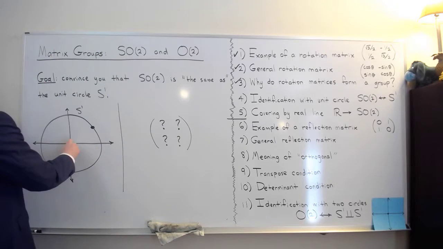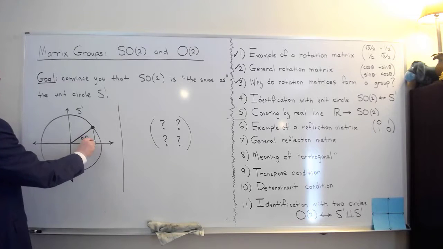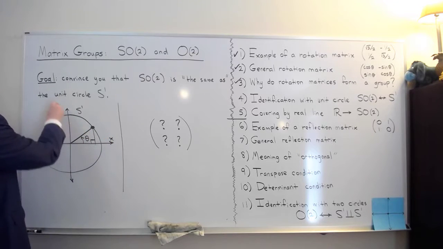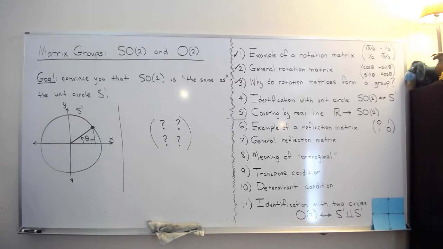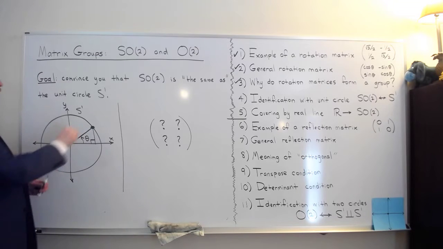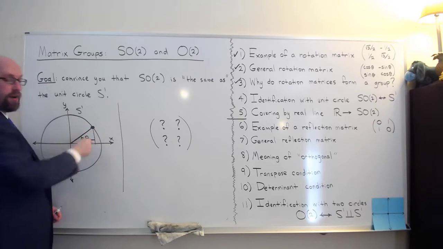Now the way you do this is, there's this point here, and you can draw the line segment from the origin to this point, and that has an angle, we'll call it theta, with the x-axis. I could call this the x-axis, this the y-axis. Now notice that all comes from this point. Given this point, I can always do that.